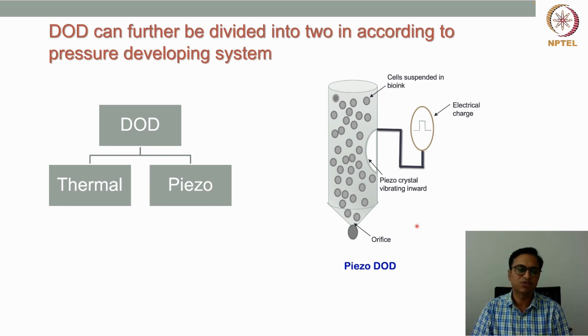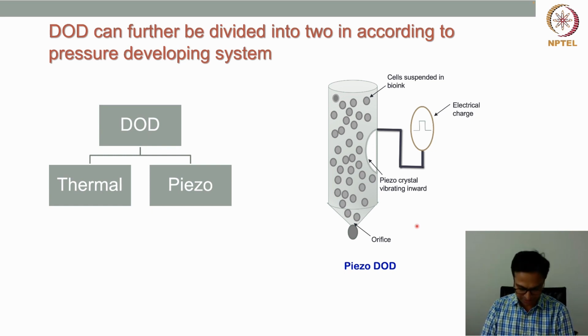So this technology is also very popular for printing cells. Now, both thermal and piezoelectric 3D printing technologies are used for printing biomaterials, biomolecules, and cells, either for patterning or for creating 3D structures or for other applications. We will see some of the applications in the later slides.